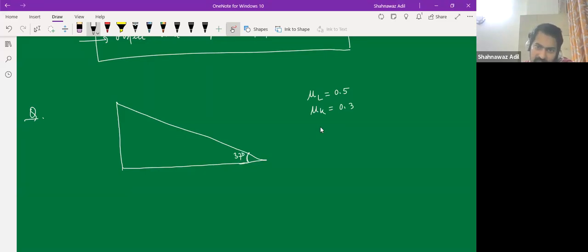Let me also write that cos 37 is 4 by 5, and sin 37 is 3 by 5. The object is 5 kg, and you have to calculate whether this object will slide down or not.